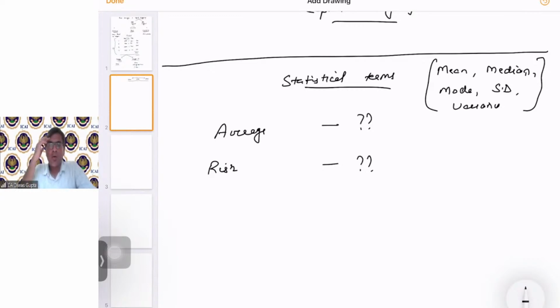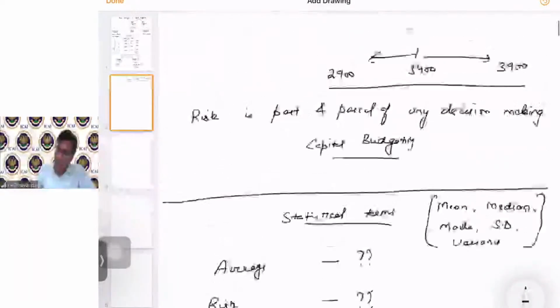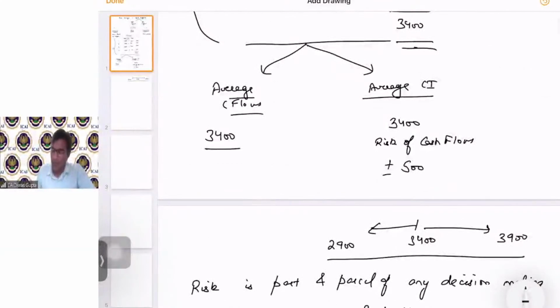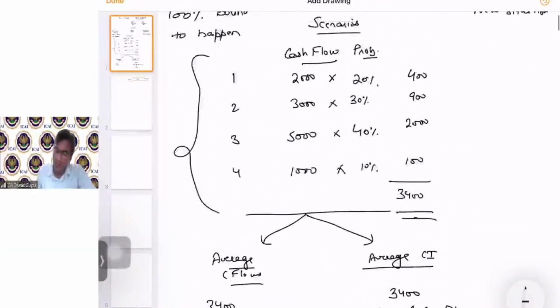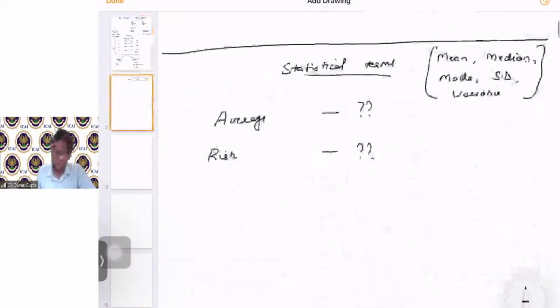Kiran is saying all good. Darshan is saying clear. Sudhanshu is asking why we take probability in calculating risk. Yes, Sudhanshu, we will cover your question in this statistical part. Aisha is asking how we get the amount of plus minus 500. Very good, Aisha, we are on that part now, and we will see how we arrived at this and why we multiply probabilities.